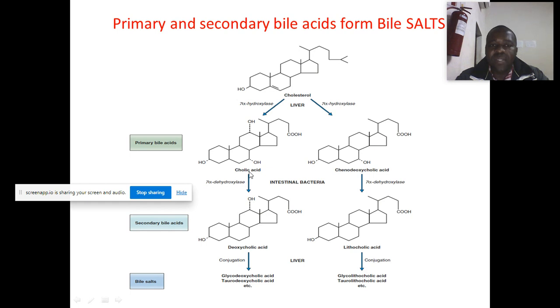They can convert these primary bile acids into secondary bile acids like deoxycholic acid and lithocholic acid. In the liver, again, there is conjugation, addition of some amino acids to these secondary bile acids. We are going to form glycodeoxycholic acid, taurodeoxycholic acid, etc.